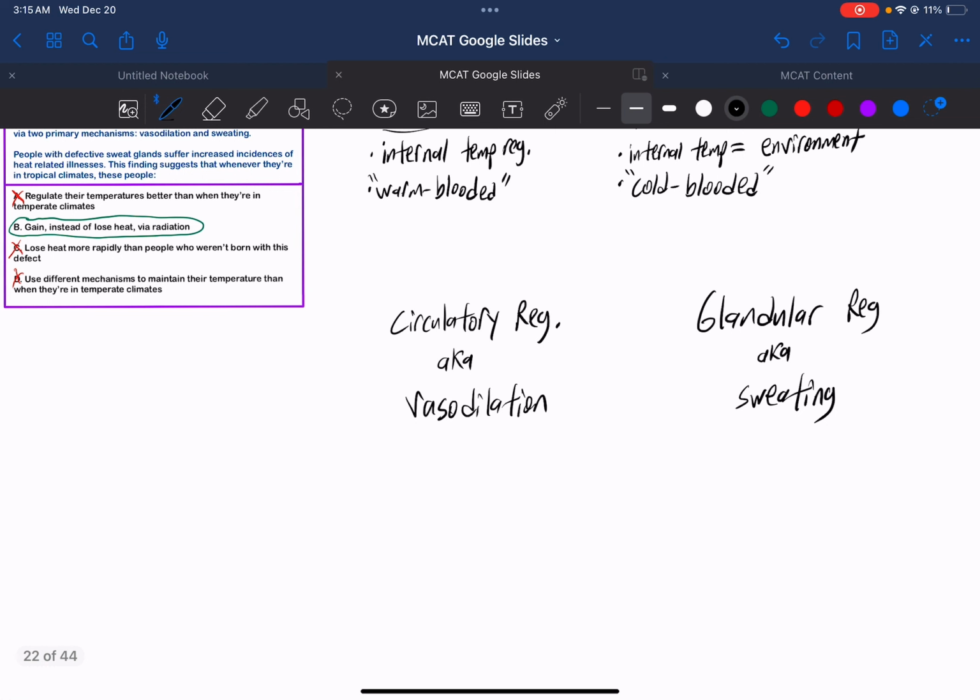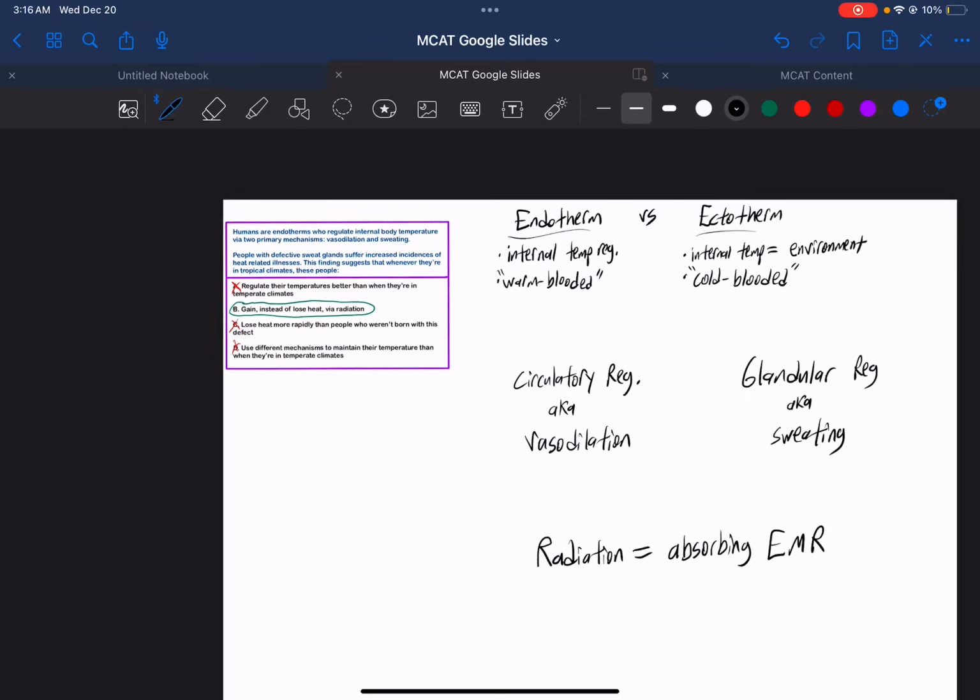And last but not least, in case you were wondering what radiation meant, it essentially means absorbing electromagnetic radiation, which is composed of everything: visible light, invisible light, all of those different waves.